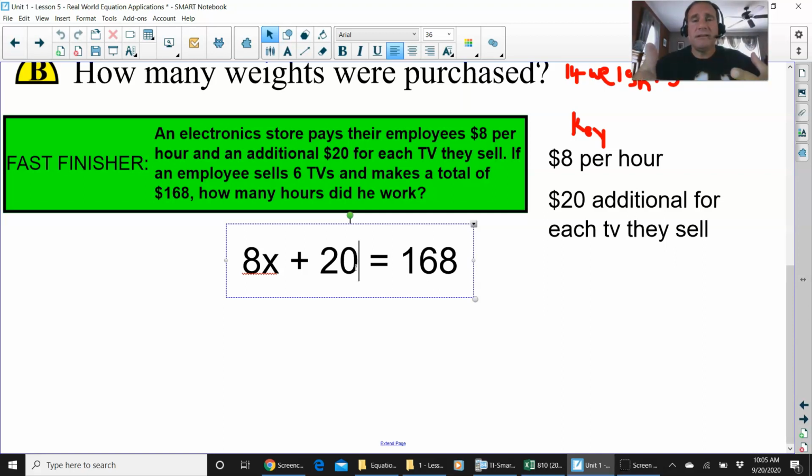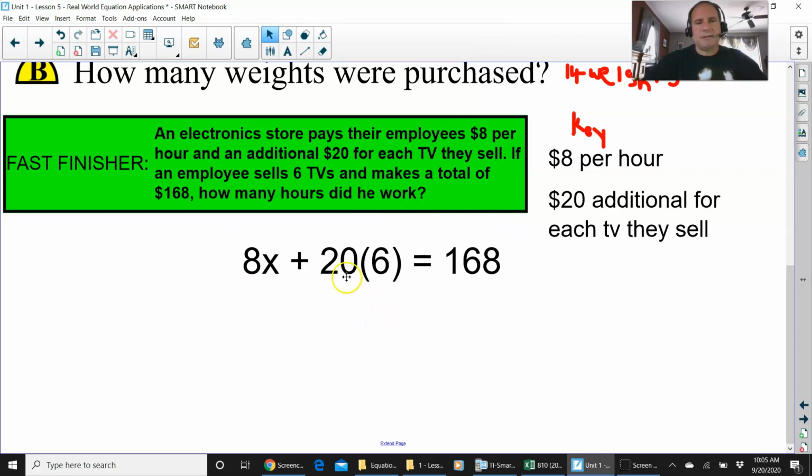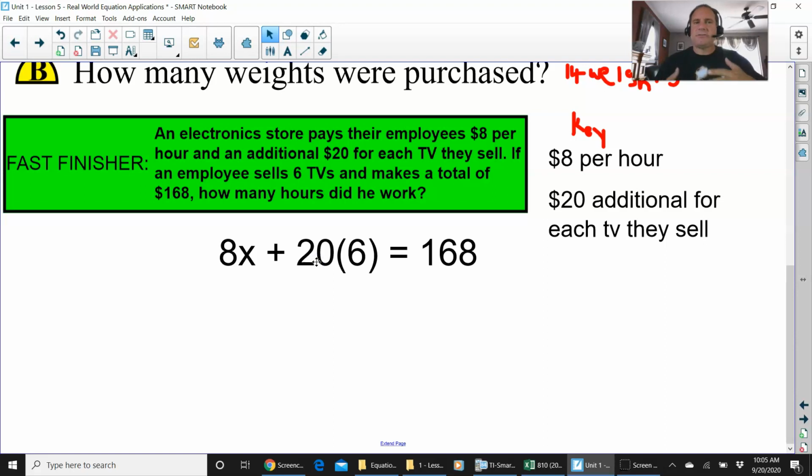The person here, the employee sold 6. So I'm going to put 20 times 6, because it's $20 for each additional television. And then when you figure this out, you'll figure out how many hours the person worked.